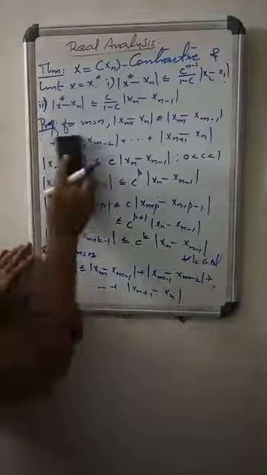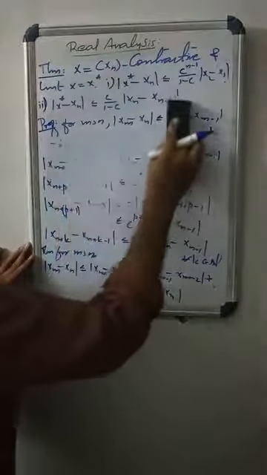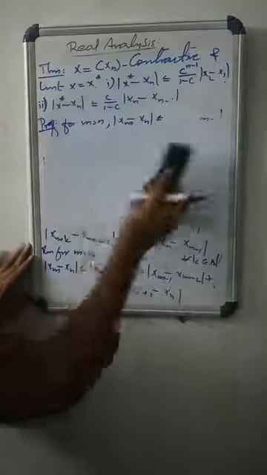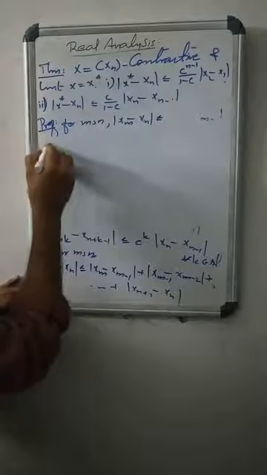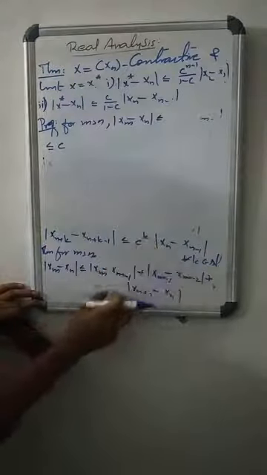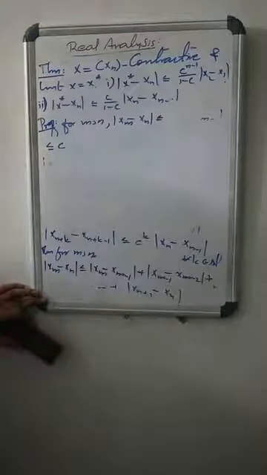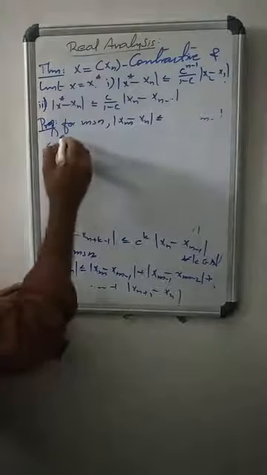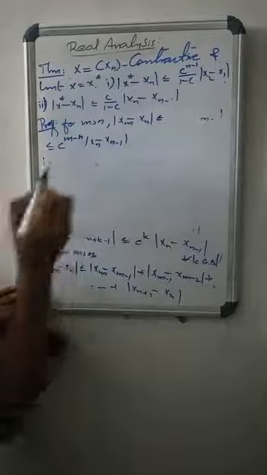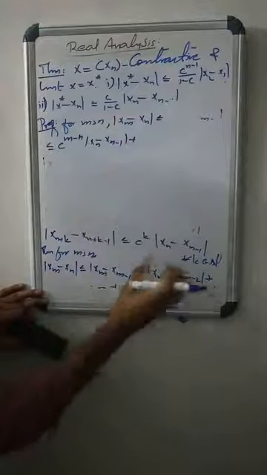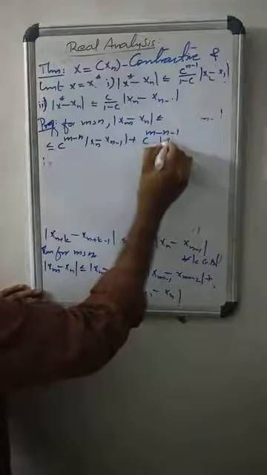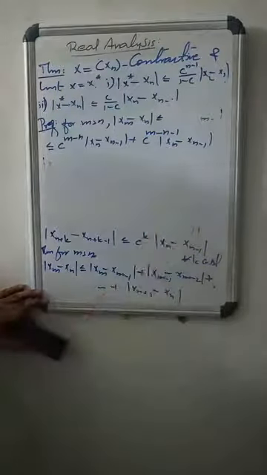So for m greater than or equal to n, modulus of x_m minus x_n is less than or equal to, by using this result, c^{m-n} into modulus of x_n minus x_{n-1}, plus the next term, mod x_{m-1} minus x_{m-2}, less than or equal to c^{m-n-1} into modulus of x_n minus x_{n-1}.